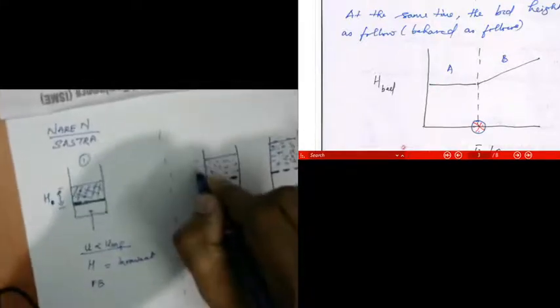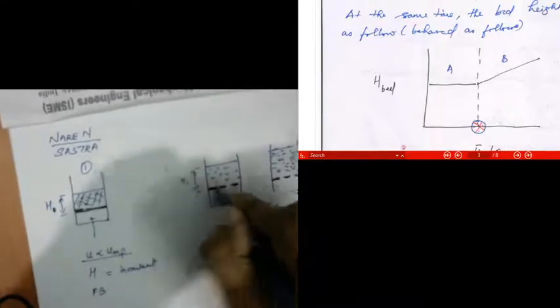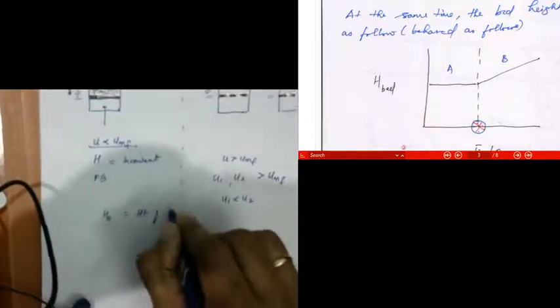If this is H naught, the initial bed height at the fixed bed, then this is H1, and this is H2. So H naught is the height of the bed at fixed bed condition, and H1 is the height of the bed at U1, and U1 is greater than UMF.